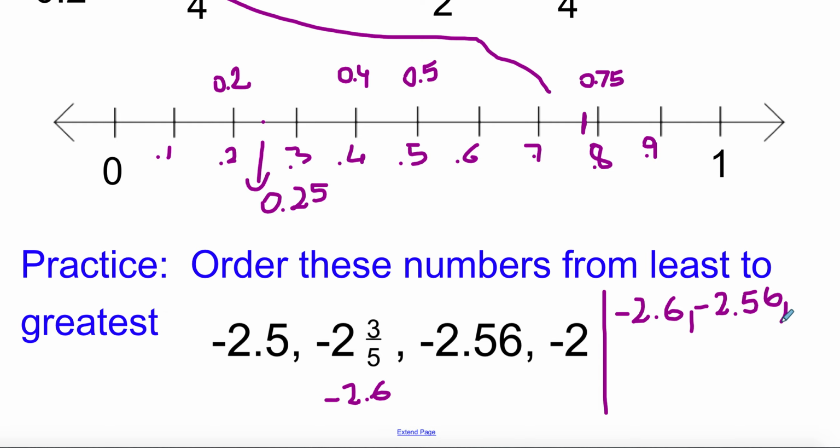And the next one is negative 2.5. As you see, the closer we approach 0, the bigger the numbers are. And negative 2 is the greatest on this number line.